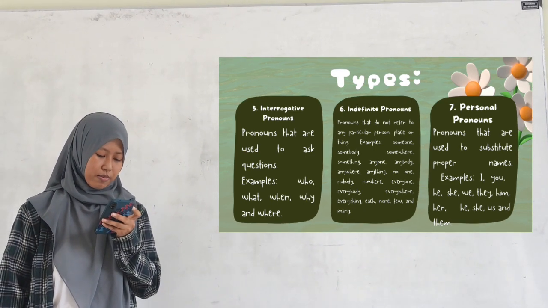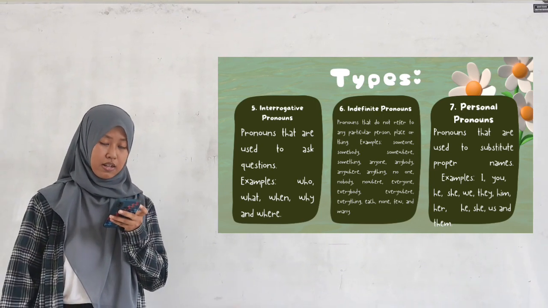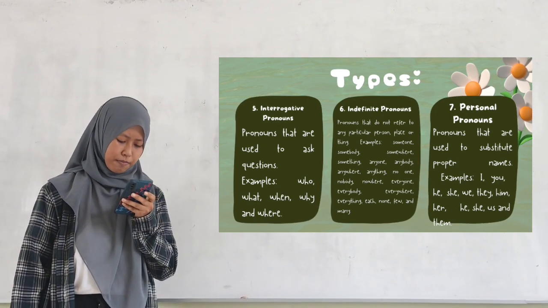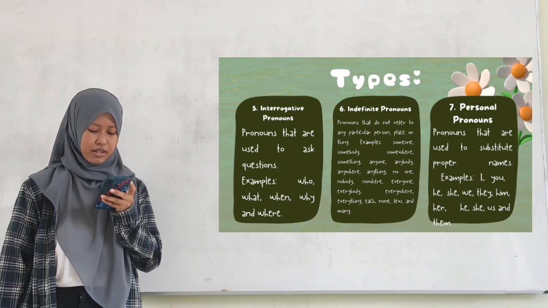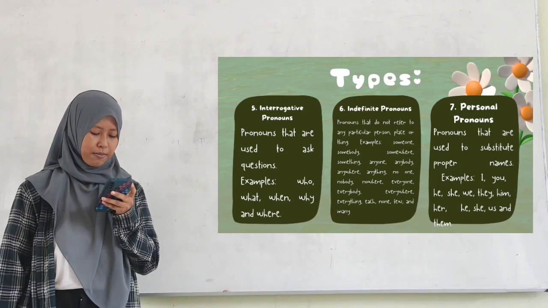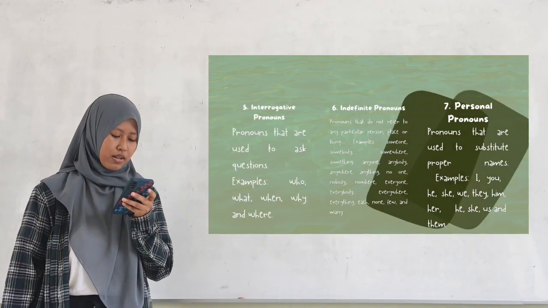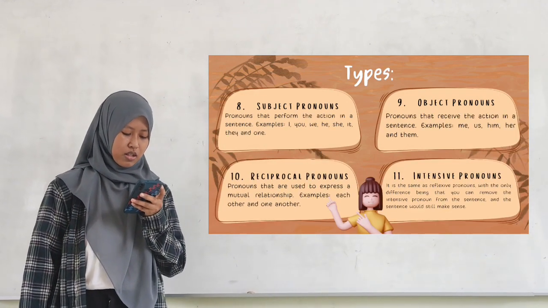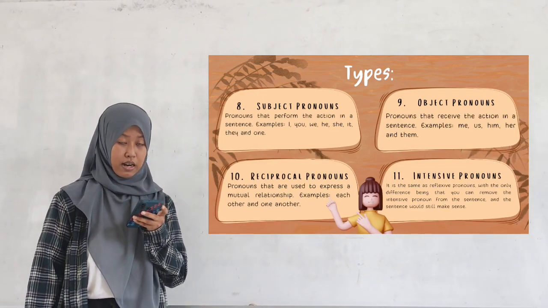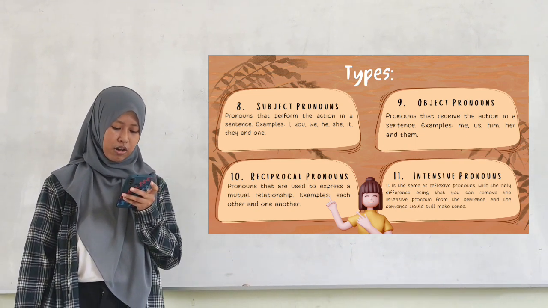The seventh one, personal pronouns are simple pronouns that are used to substitute proper names. Some examples are I, you, he, she, we, they, him, her, us, and them. The eighth one, subject pronouns are pronouns that perform the action in a sentence. Some examples are I, you, we, he, she, it, they, and what.